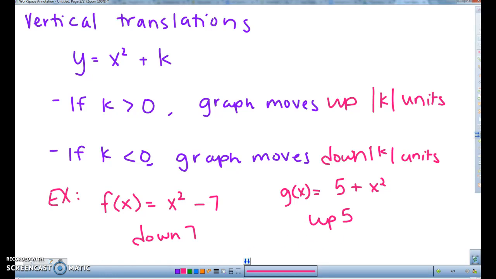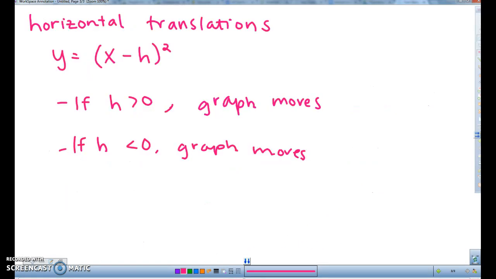Okay? So then we want to talk about horizontal translations. And horizontal translations have the form y equals the quantity of x minus h squared. So if you see it with parentheses and then squared, we're talking about a horizontal translation. And horizontal translations are a little funky just because instead of, like on vertical, it was plus k, this is a minus h.